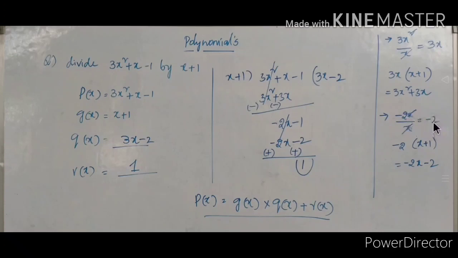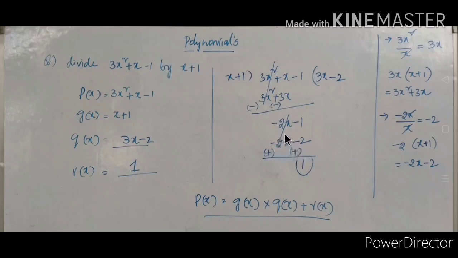It becomes the second term in our quotient. So let's multiply minus 2 with x plus 1. So we get the result, that is minus 2x minus 2.